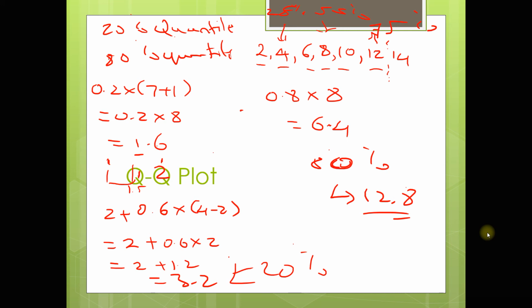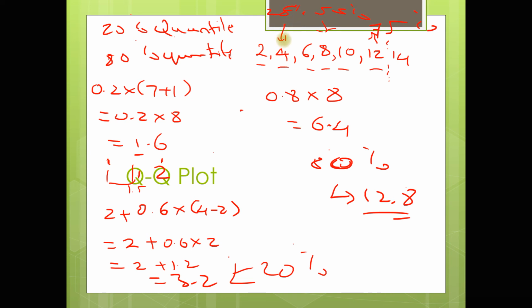But before I get into this concept again, let me just tell you something. When we say that there is 25%, we are looking for the 25% quantile. We also refer to this as the 25th percentile.